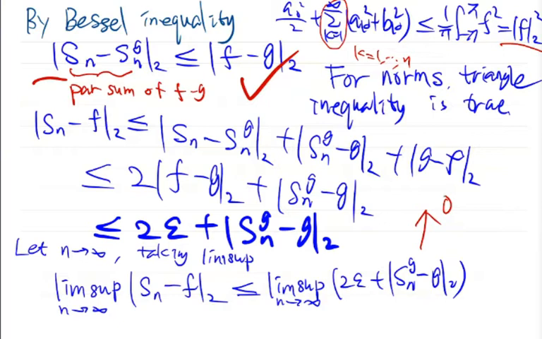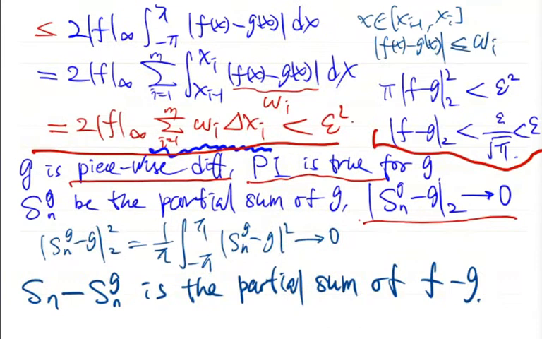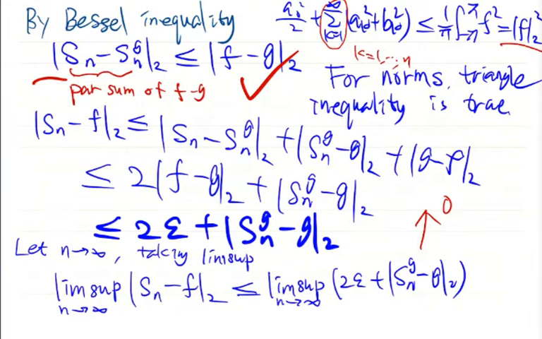It goes to 0 because for g we have the Parseval identity. The Parseval identity means that the partial sum converges to g in L2, or the L2 norm of the difference goes to 0. We mentioned this here. So the L2 norm of Sn g minus g goes to 0. When you take the limit supremum, of the two terms inside, one is a constant and the other goes to 0. So the limit supremum is not greater than 2 epsilon.